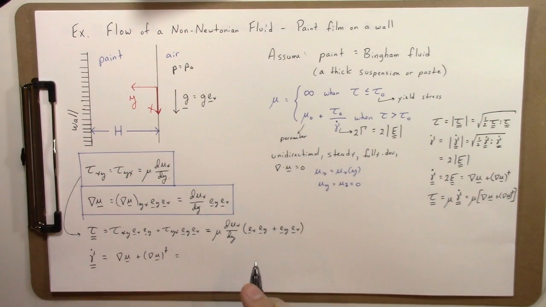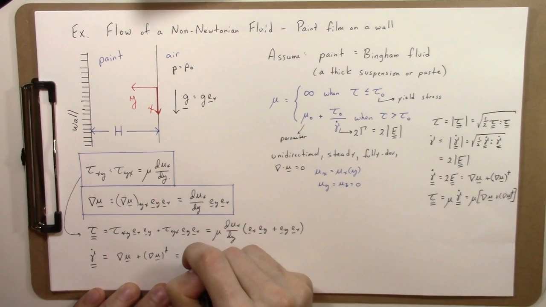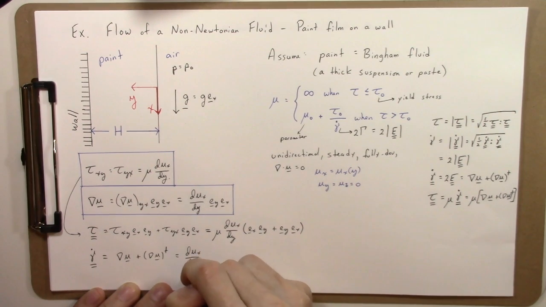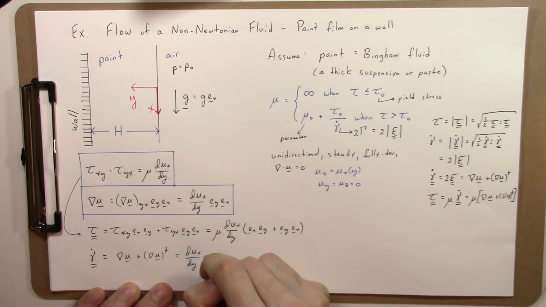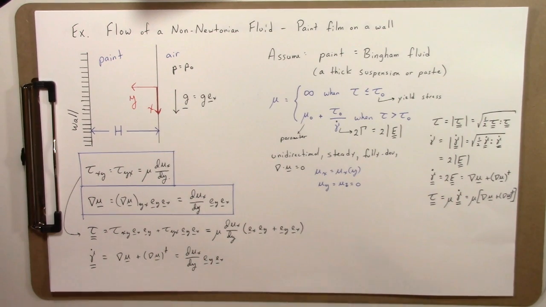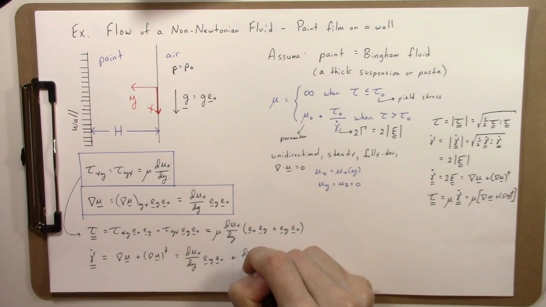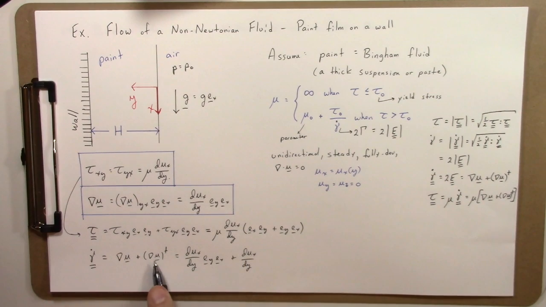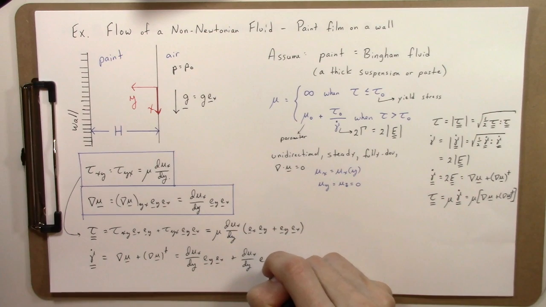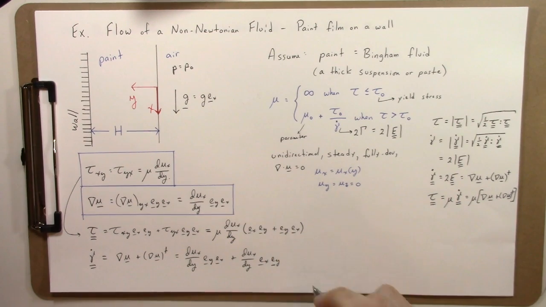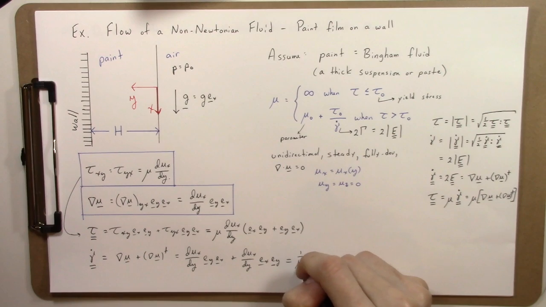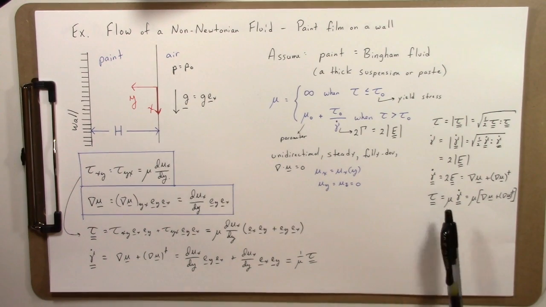So del u is dux dy ey ex, and take the transpose, we keep the scalar part the same, so we get dux dy. When we take the transpose of a tensor, we simply flip the order of the unit vectors here, and so we get ex ey. And so of course, gamma dot is simply 1 over mu times tau, based on our relationship over here.